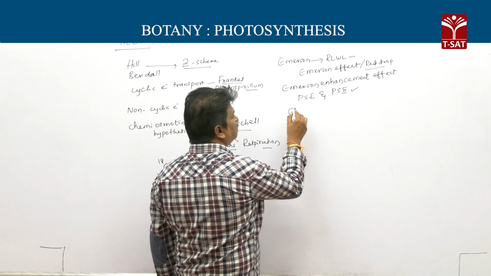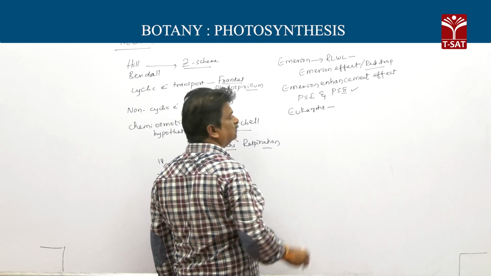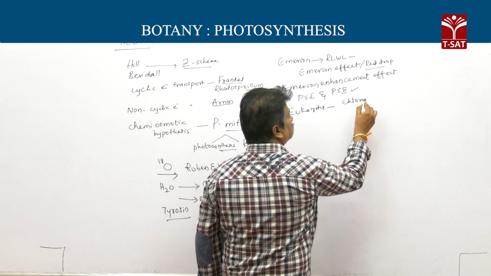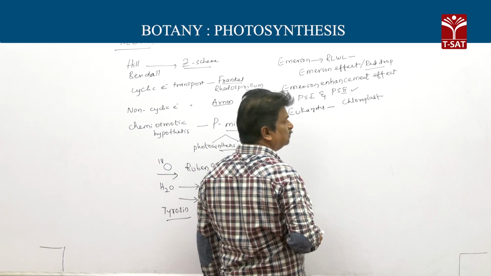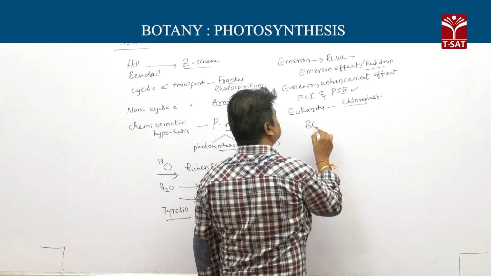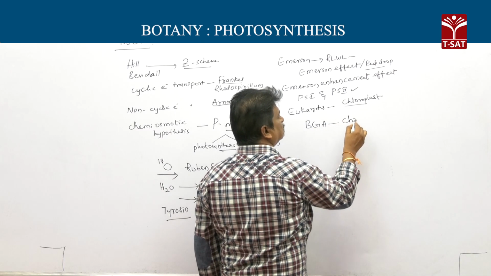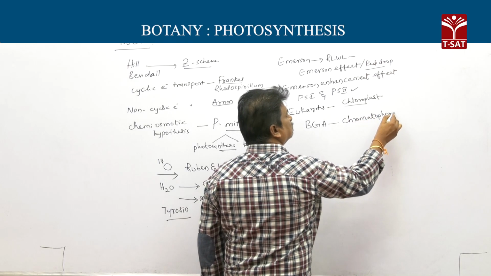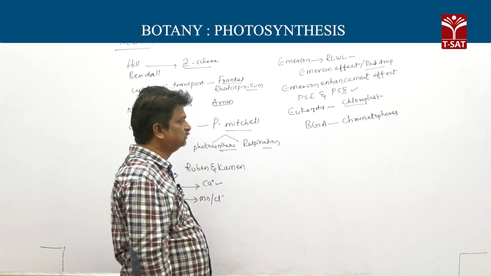In eukaryotic cells, in eukaryotes, photosynthetic pigments are present in chloroplast, but in prokaryotes like blue-green alga, photosynthetic pigments are present in chromatophores.